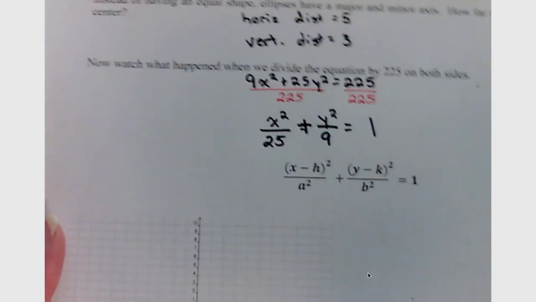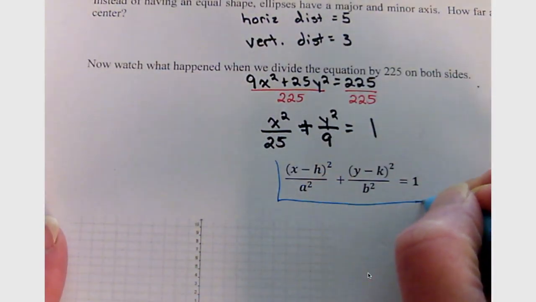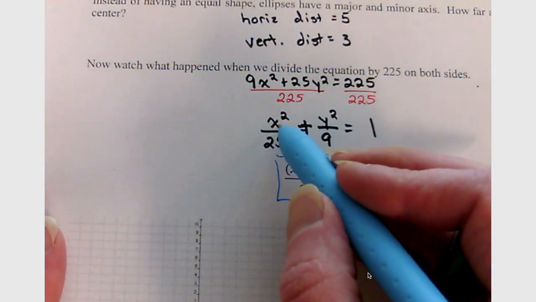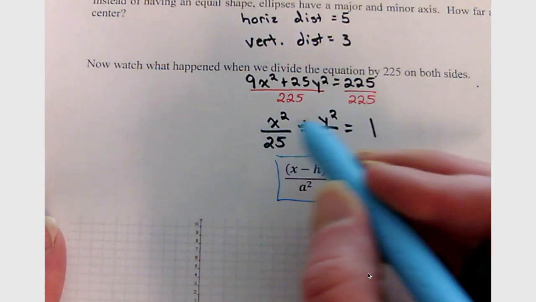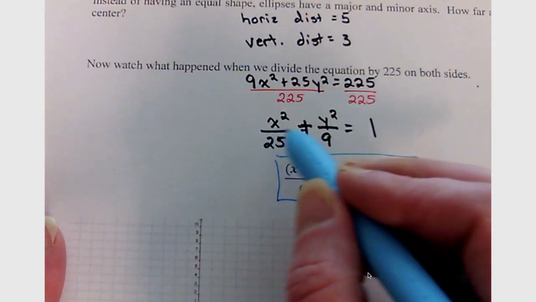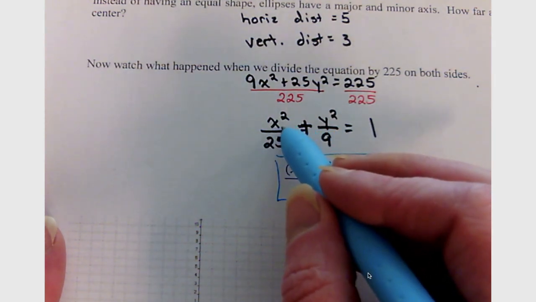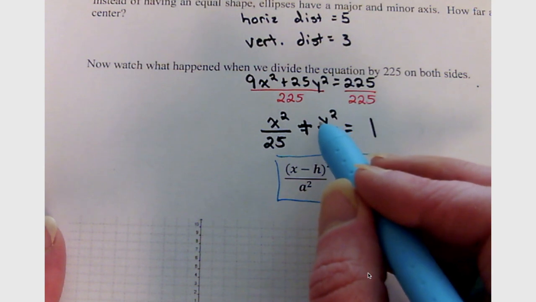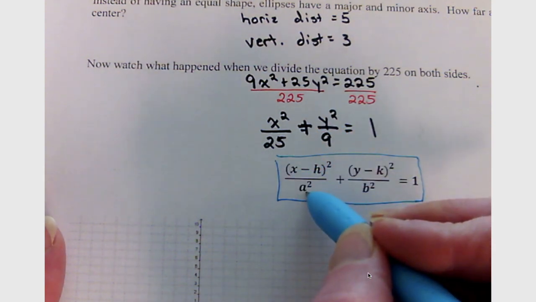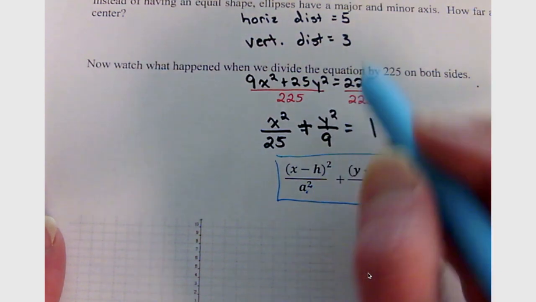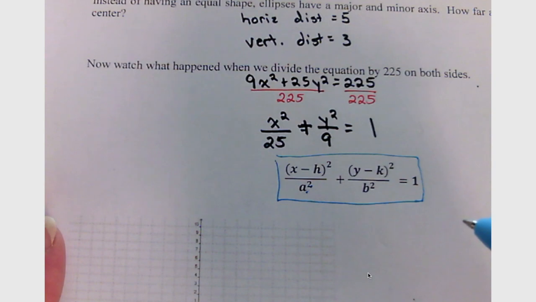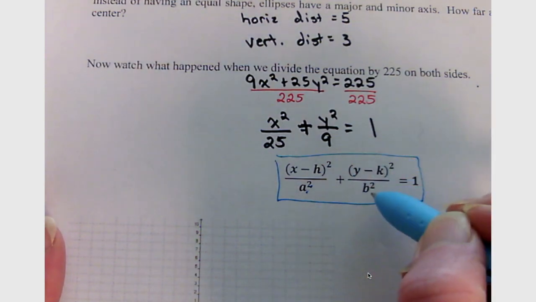This is the equation of an ellipse. If there had been something subtracted with the x or subtracted from the y, that would make a different center. But since nothing is being subtracted, the center is 0, 0. 25 is something squared. It's the horizontal distance squared. And 9 is something squared.